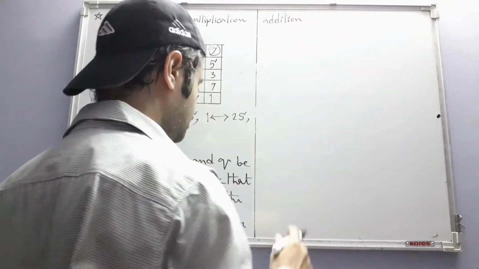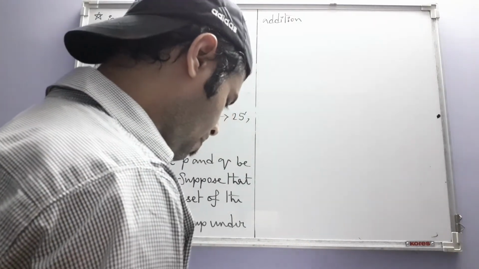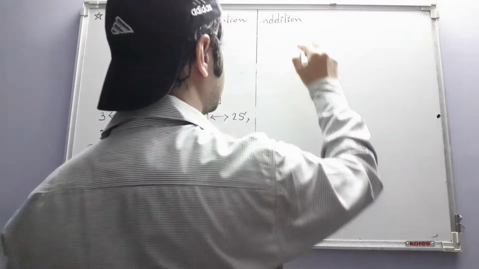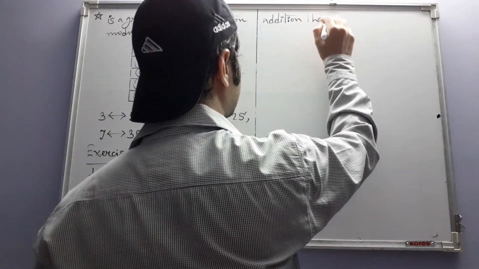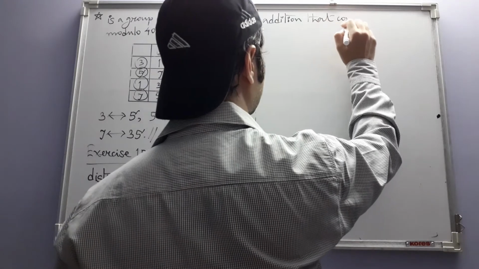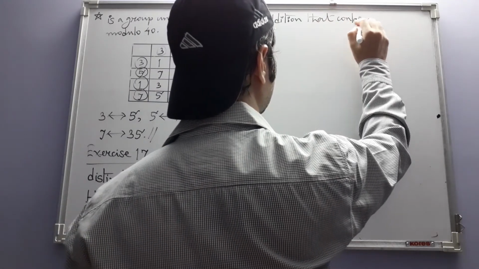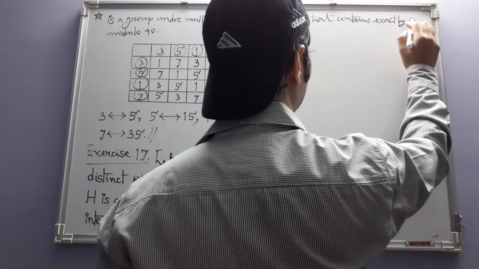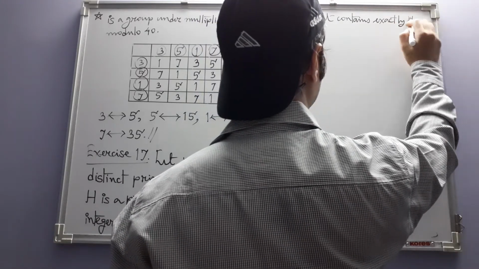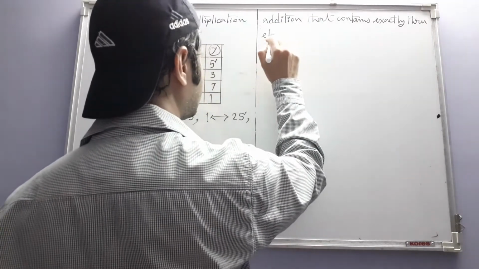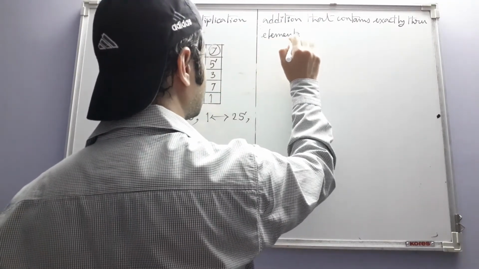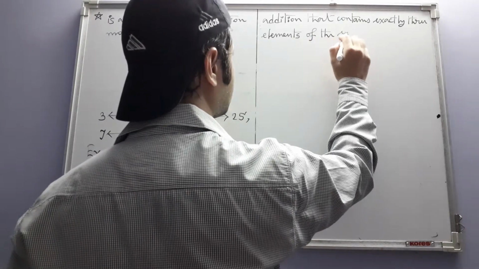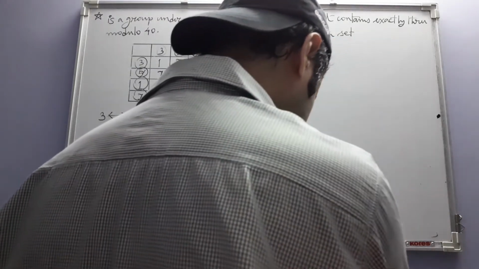Under addition, that means under ordinary addition, that contains exactly 3 elements of the set.